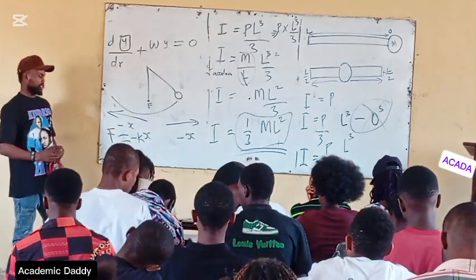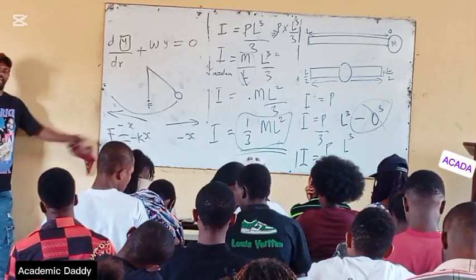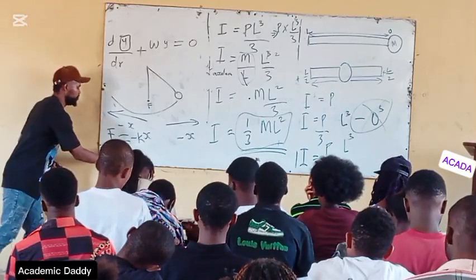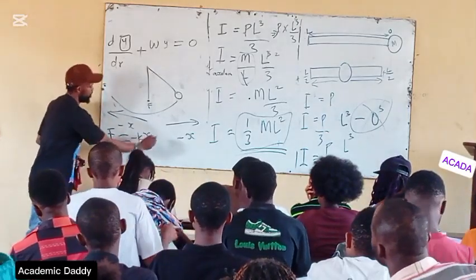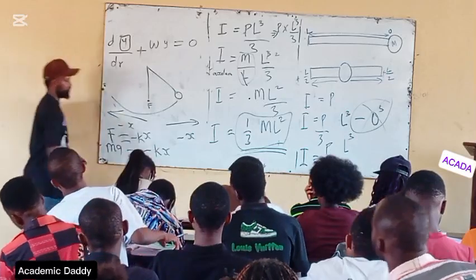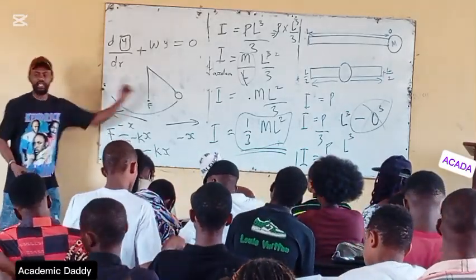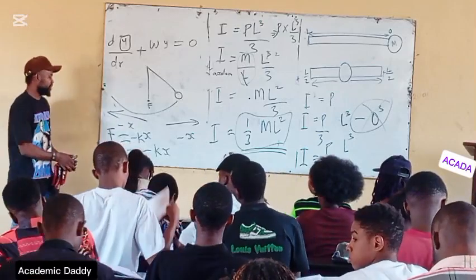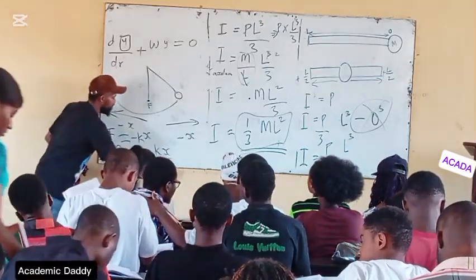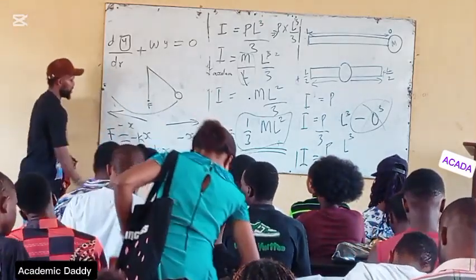Now notice that f is equal to ma. Is it not true? Then it equals minus kx. So notice that if I choose to take a to the other side, dividing by m, this cancels this.